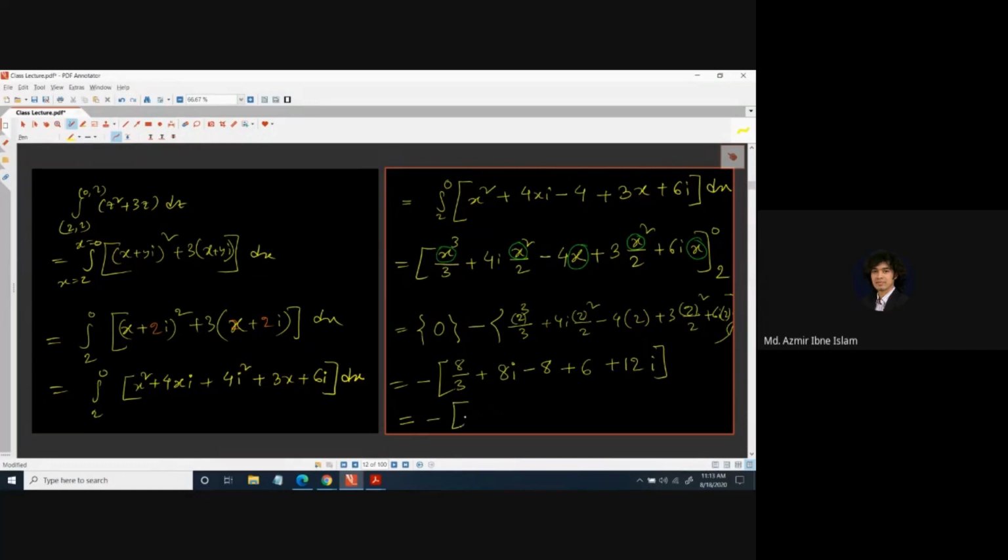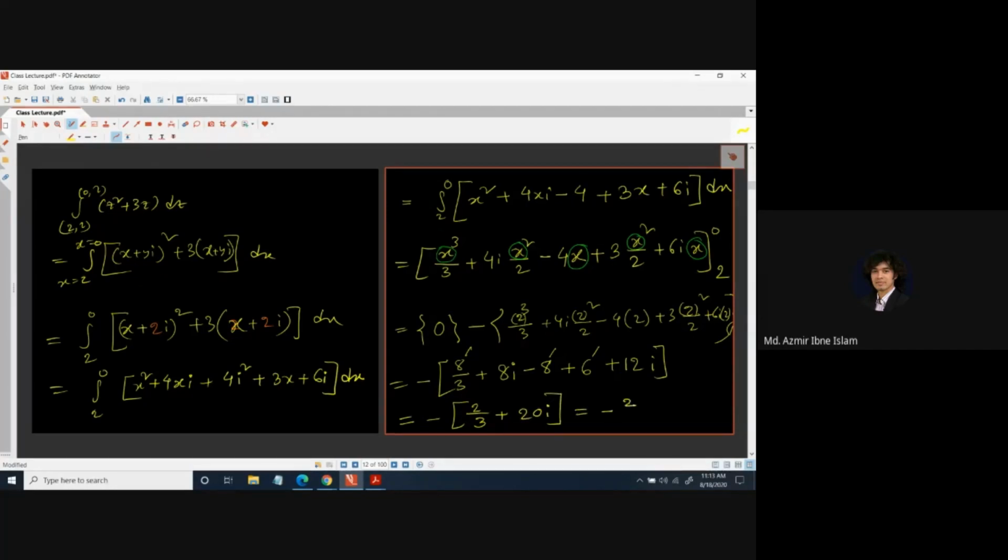So here we have 8 by 3, negative 8, positive 6. If I use my calculator, it is actually 2 over 3. And 8i plus 12i is giving us 20i.